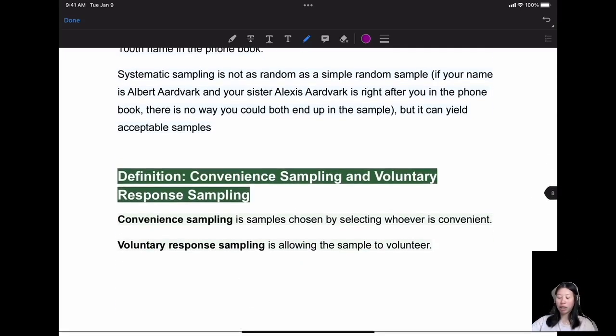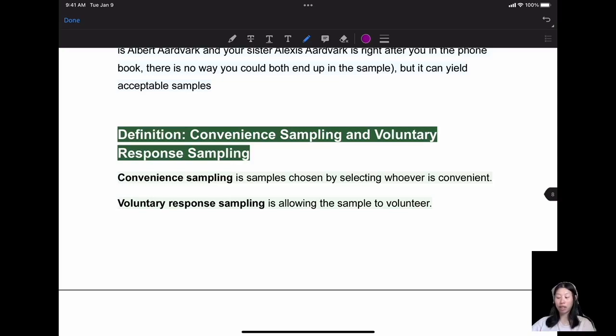Okay, the other ones are convenience sampling and voluntary response sampling. These two are biased sampling methods. Convenience sampling is when the sample is chosen by selecting whoever is convenient. Usually they're biased.